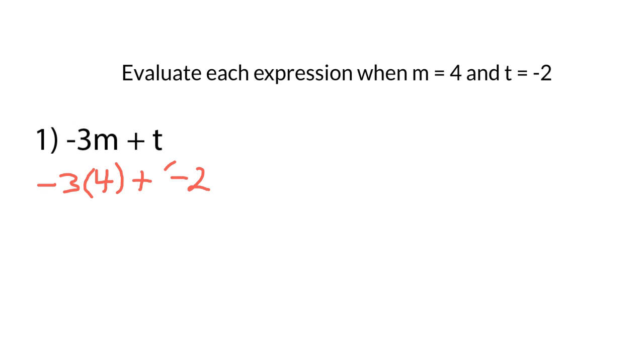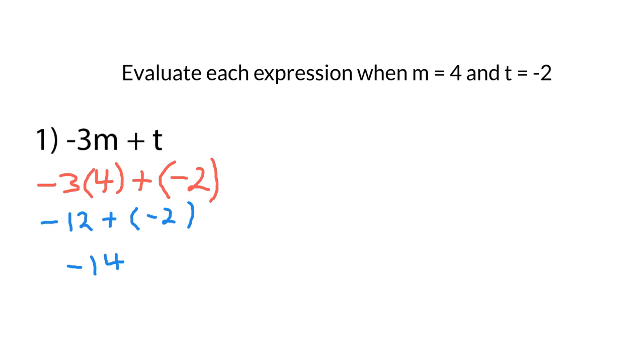And I'm going to put brackets around the -2, not because it means multiply, but because I'm trying to separate the signs. If I do the math, -3 times 4 makes -12, plus my -2. And if I do -12 plus -2, I'm going to get an answer of -14.